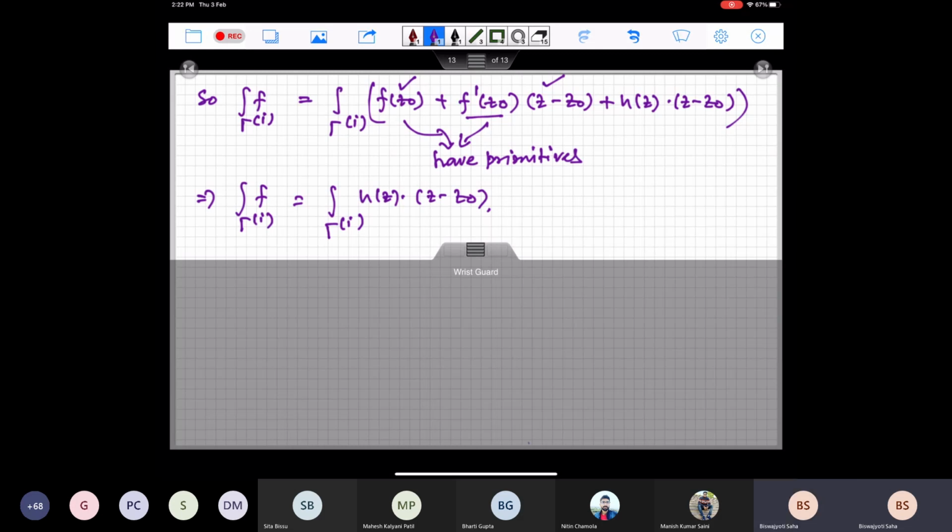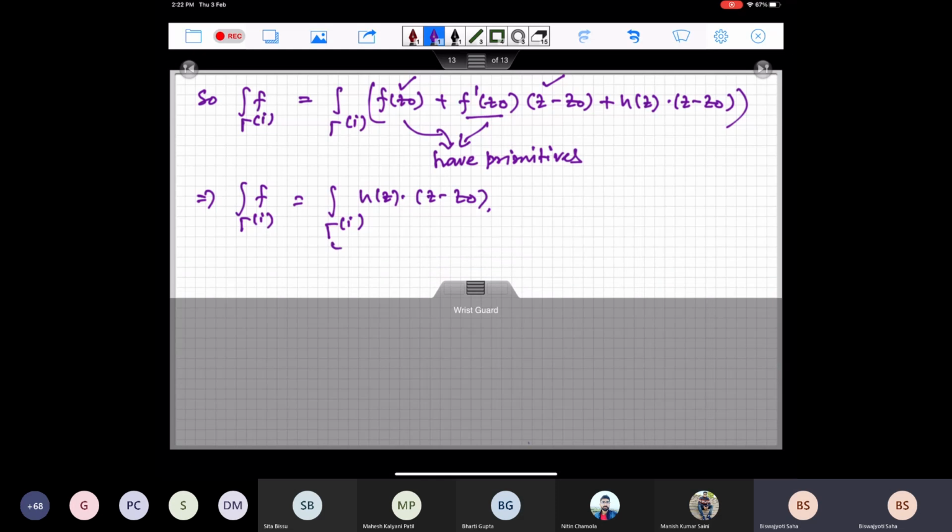Now what I am interested in is that I have to prove that the integral of f over gamma I, in some way I need to make it very small, so that I can say that the actual integral I is equal to 0. So I am going to estimate this part. I do not know a priori whether this integral is 0 or not, so I have to estimate it and get whatever is desired.